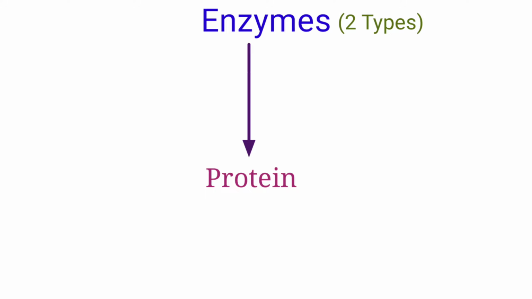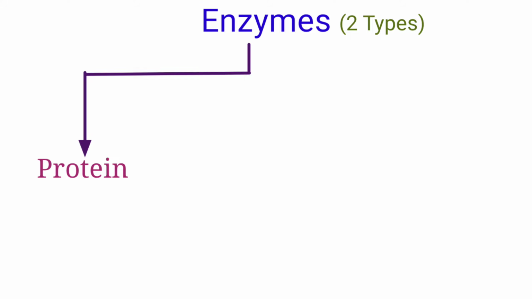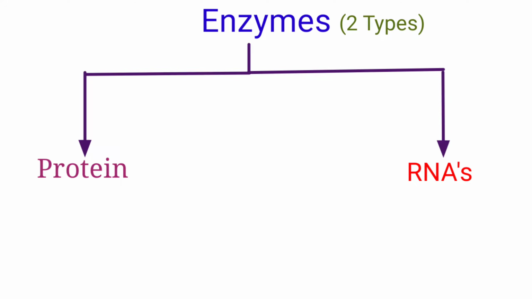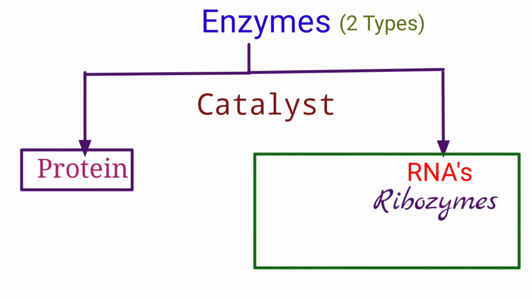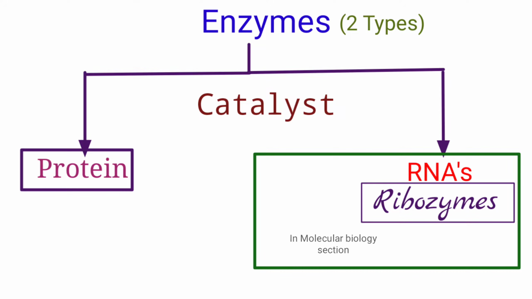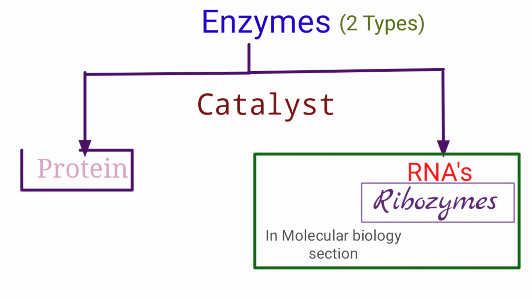But later, after some research, it was clear that some RNAs can also act as catalysts. These RNAs are known as ribozymes. Here we will restrict ourselves to the protein based enzymes only. In later classes, we will discuss more about ribozymes in the molecular biology section.